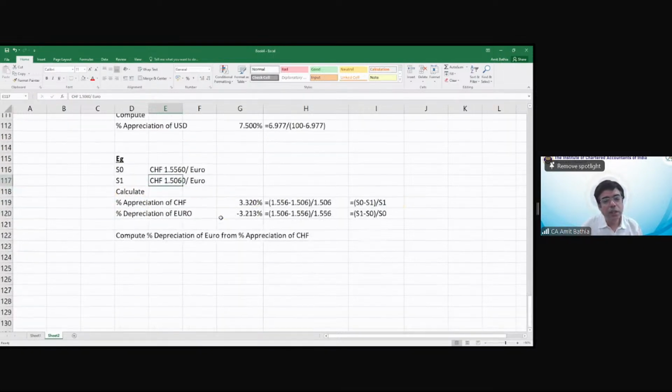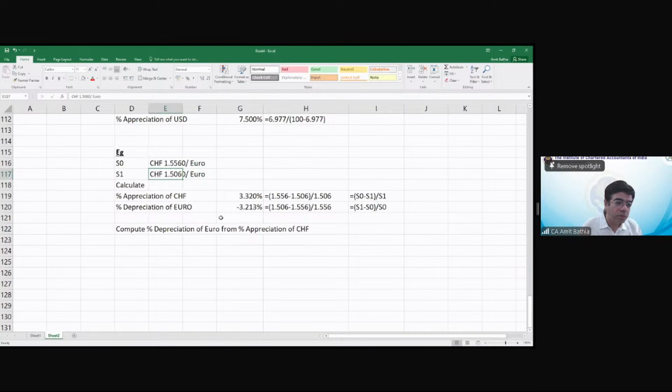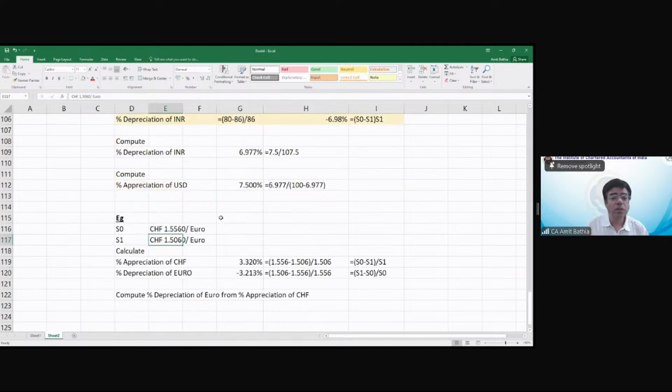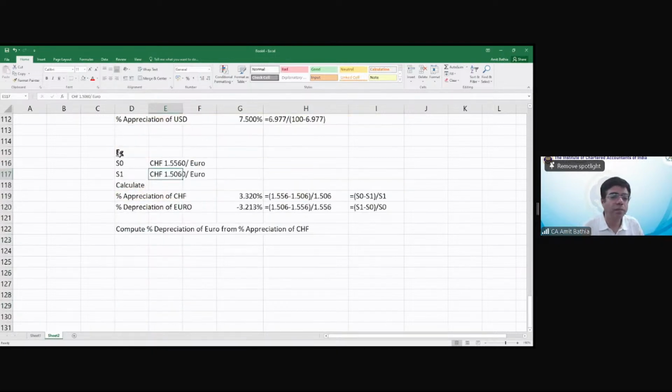Sir, if these have been given in reverse form, then? In reverse form meaning what? Indirect form. Okay, so let us take an example like that.